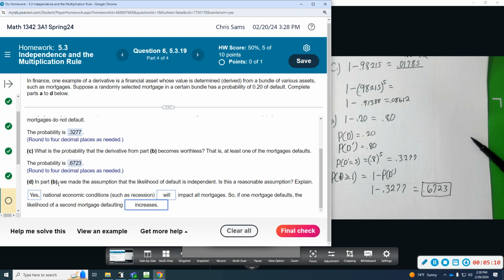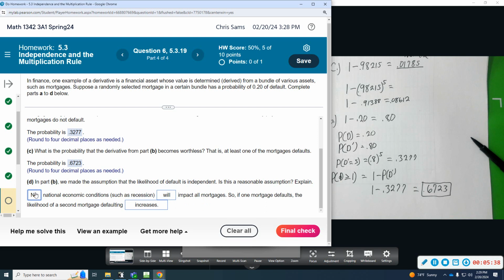In part B, we made the assumption the likelihood of default is independent. Is this a reasonable assumption? So I say yes. I guess this would be no if this is the case, because if we do go into a recession, one defaulting probably will affect all of them defaulting, because we're all in a recession and everybody's struggling.